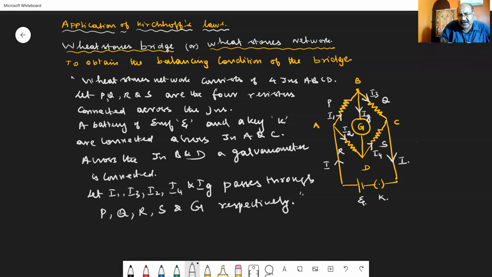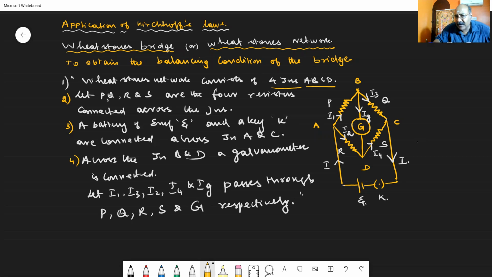What is the description? Point number 1: the Wheatstone's network consists of 4 junctions, named A, B, C, D. Point 2: P, Q, R, and S are the 4 resistors connected across the junctions. Point 3: across the junctions A and C, a battery of EMF E and a key K are connected.